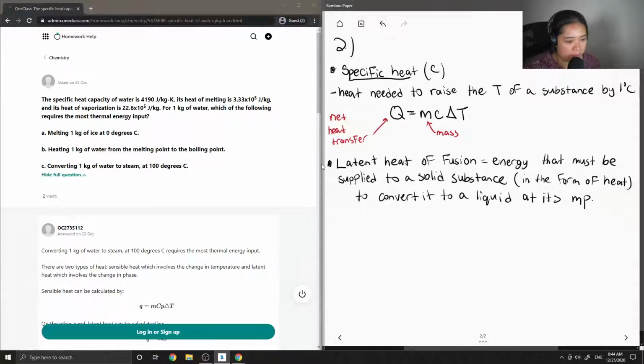Okay, so again, we can calculate Q by doing mass times the latent heat of fusion.